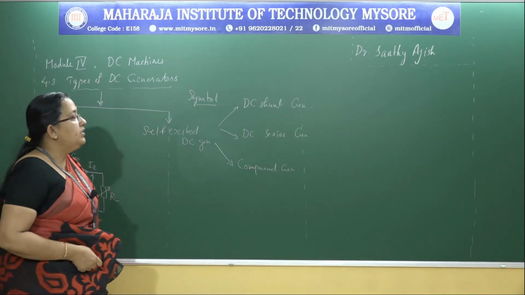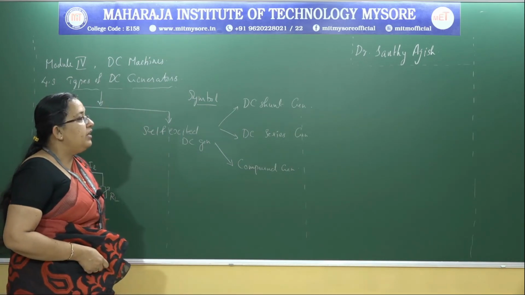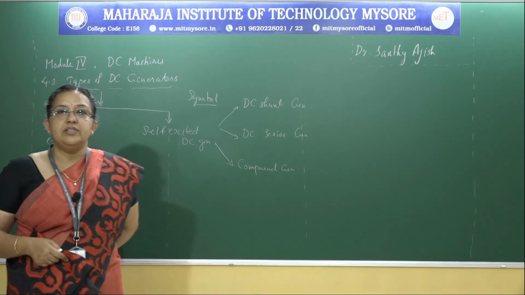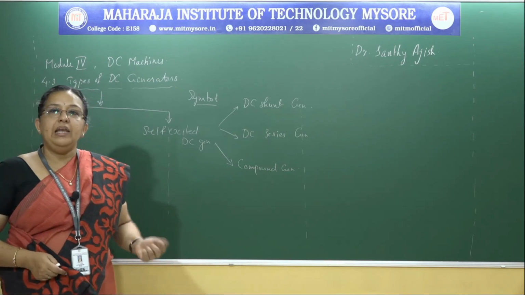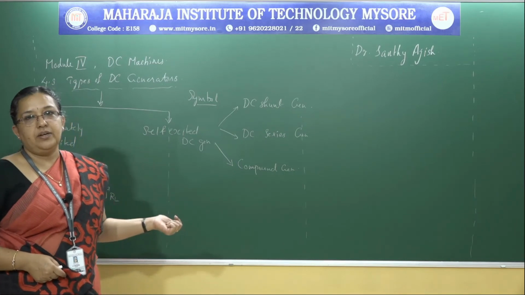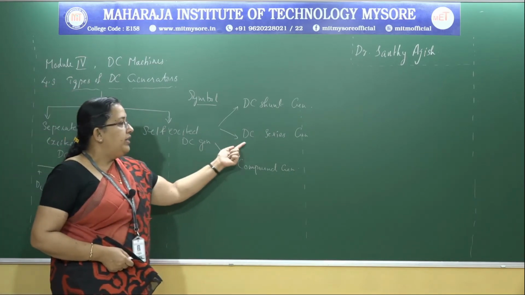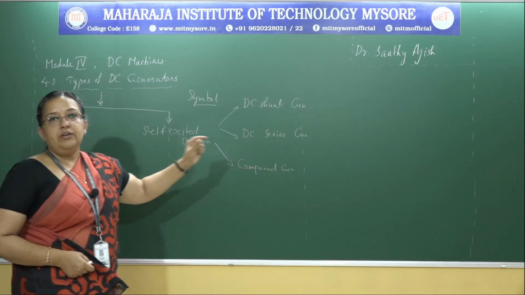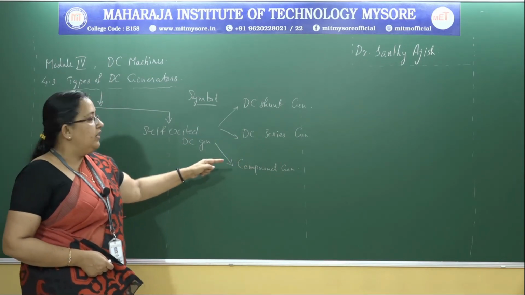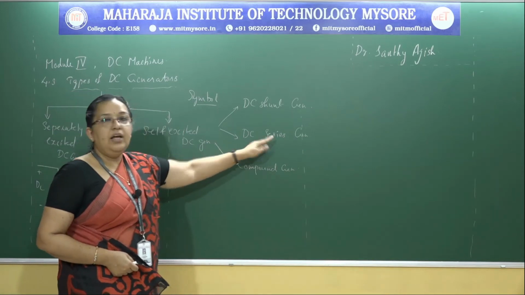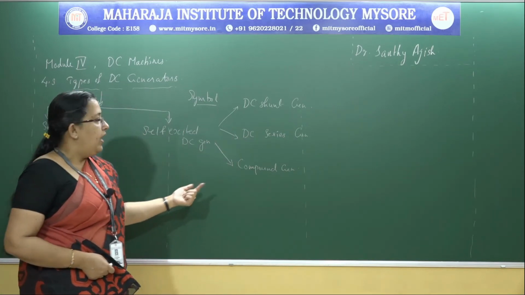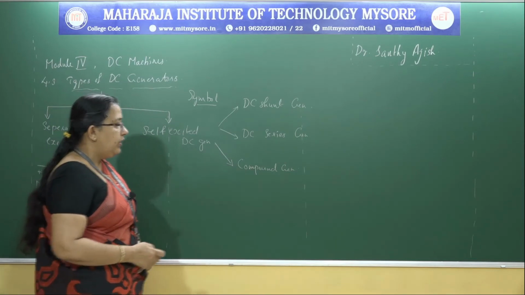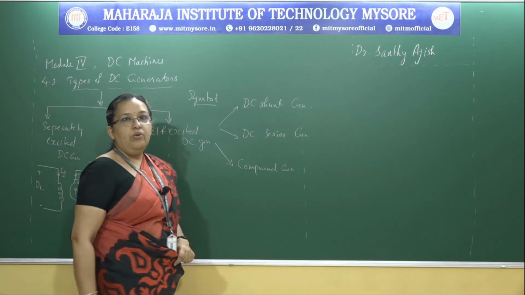The shunt generator is the generator in which the field winding is connected in parallel with the armature winding. A DC series generator is the one in which the field winding is connected in series with the armature winding. And the compound generator has two windings.